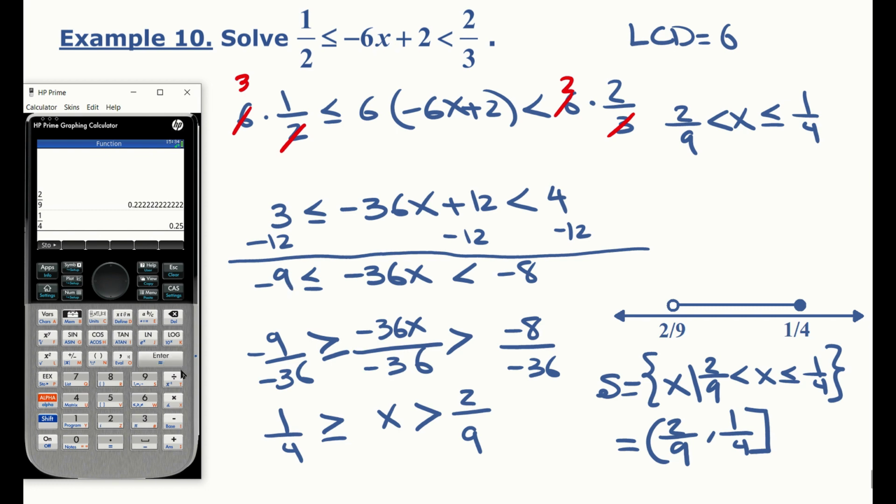So we get -6 times 0.23, and then we're going to add 2. And what do you expect to happen as soon as I hit enter?